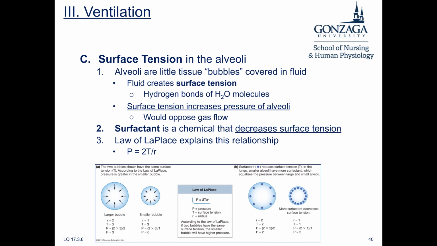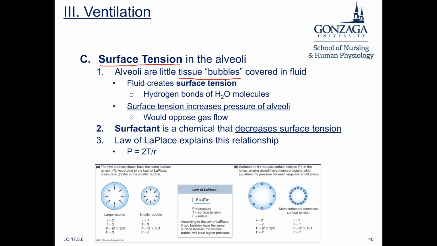The third factor that's going to influence lung function is this concept called surface tension. Okay? So the alveoli, think back to those pictures I showed earlier in the chapter, basically tiny little clusters of grapes. You can think of them as little bubbles of tissue, okay? And the alveoli are covered in fluid.